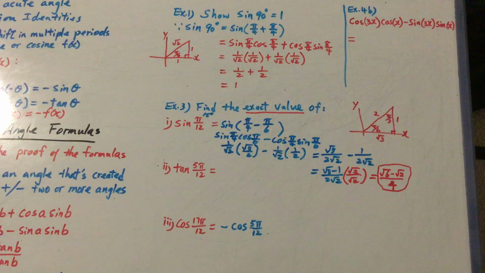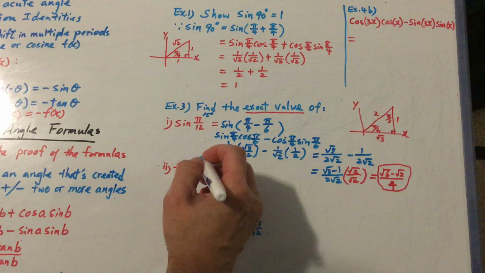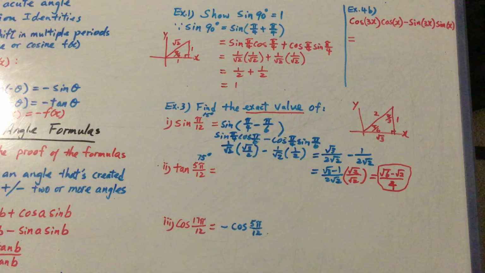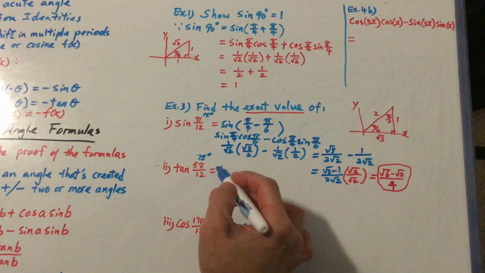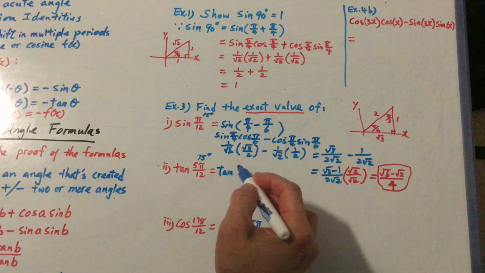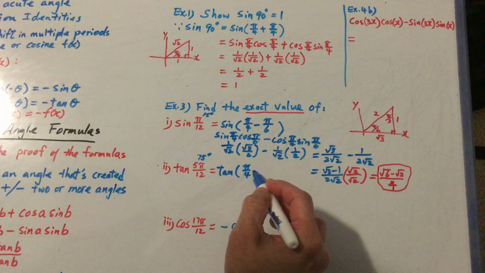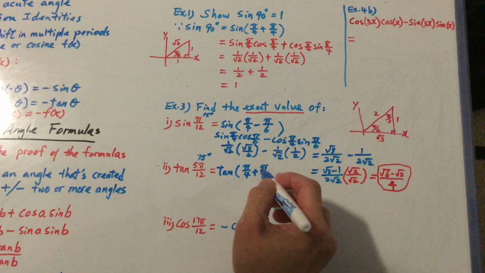Okay. The next one, the tangent of 5 pi over 12. So again, I'm going to calculate that quickly on my calculator. I know that 5 pi over 12 is approximately equal to 75 degrees. With the 75 degrees, I can make that into a compound angle as the tangent of pi over 4, 45, plus the 30, which is pi over 6.